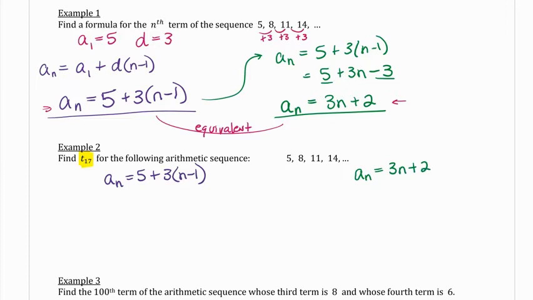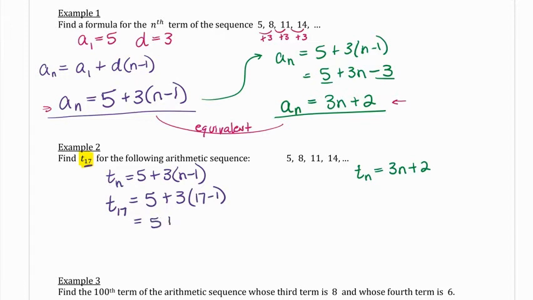So if we use the purple side over here, I'm looking for the 17th term. Oh, and we use t instead of n in this one. So if you want to write it as a t so it matches, you'll see that letter interchanged quite a bit. A is popular, t is popular. You'll see different letters used. So this one, if we want the 17th term, we're just going to plug in 17 for n. So to get our t sub 17, we'll do 5 plus 3 times 17 minus 1.